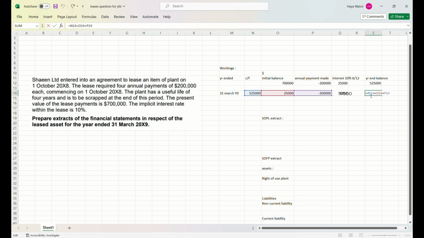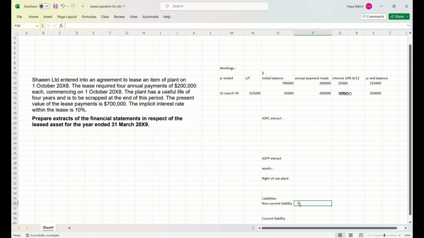Yes. And this 3,50,000 only includes these balances, only up to the advance payment made. Never ever include the 16,250, the next year's interest, in this year's non-current liability. That's not relevant. I just calculated it for the sake of calculation. So it is going to be 3,50,000 for non-current liability.